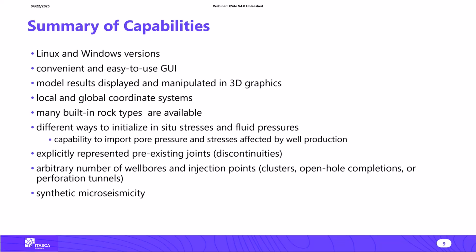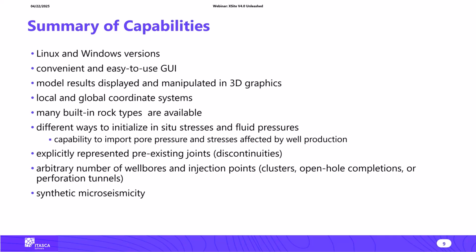So there are two versions of the code, Linux and Windows. The code comes with a graphical user interface, which is convenient and easy to use. The code is a special purpose code developed just for simulation of hydraulic fracturing.